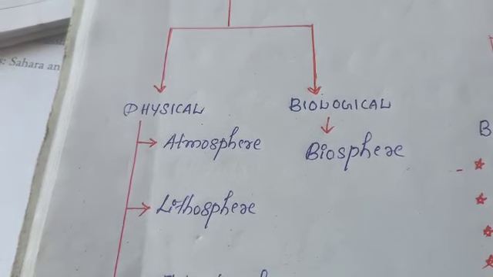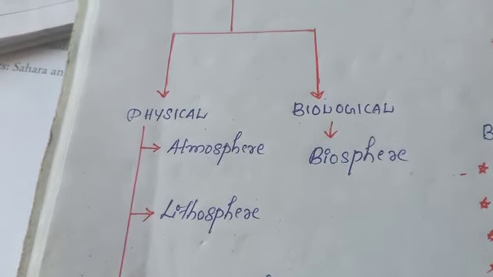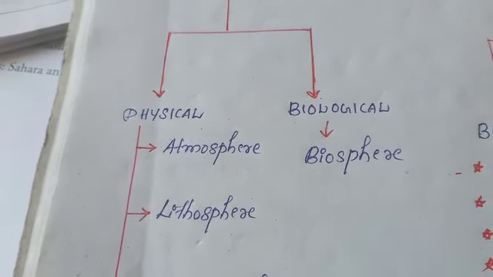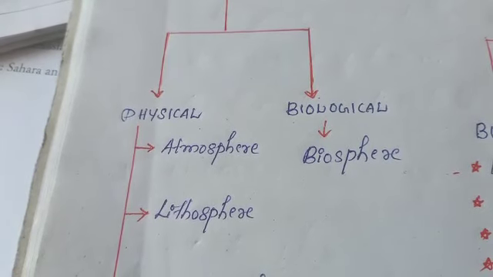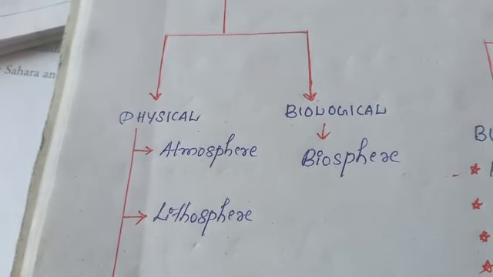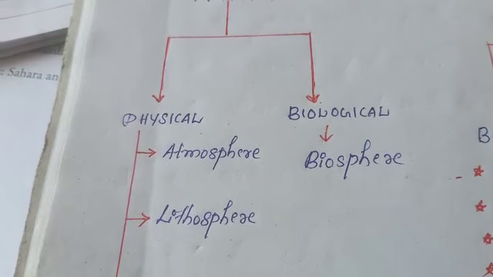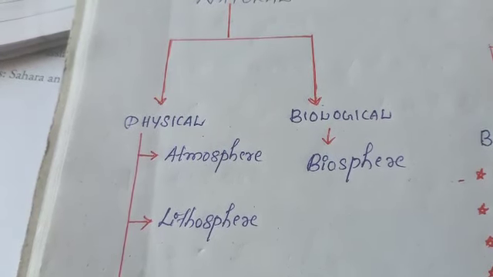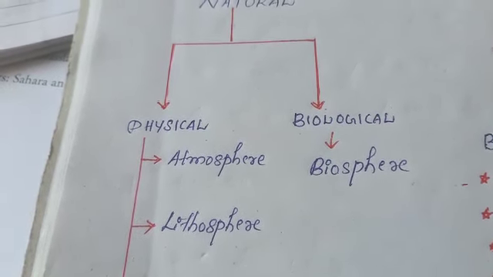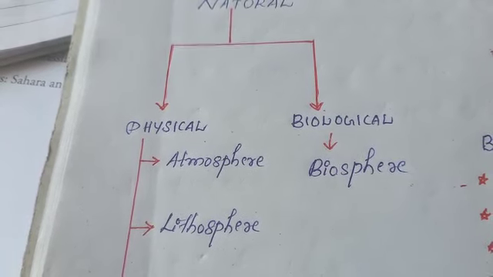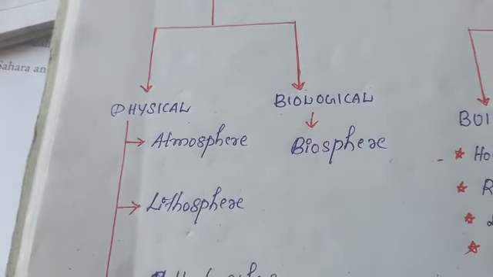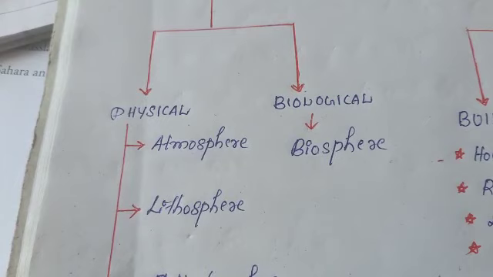Natural environment consists of both living and non-living things. The living things constitute animals, plants, birds, etc. And non-living things constitute rock, soil, water, air, etc.